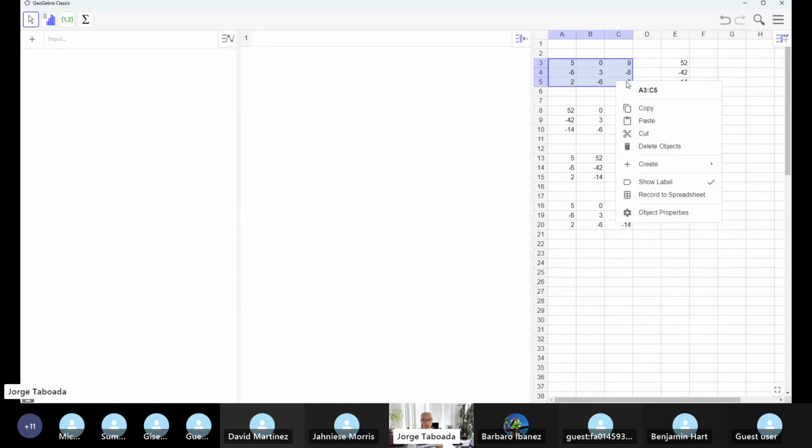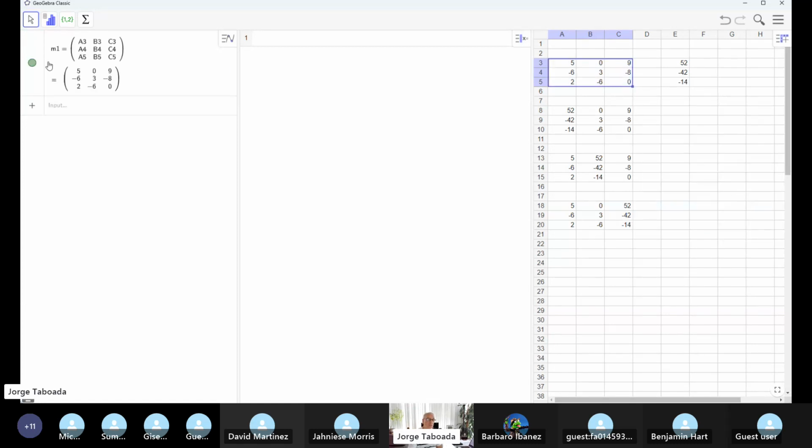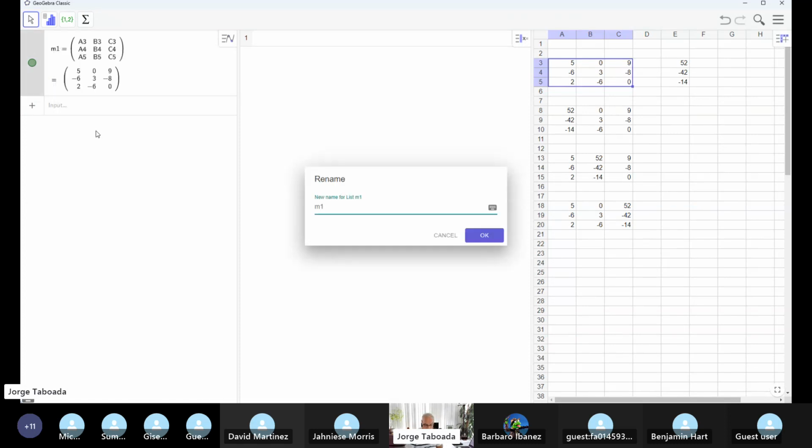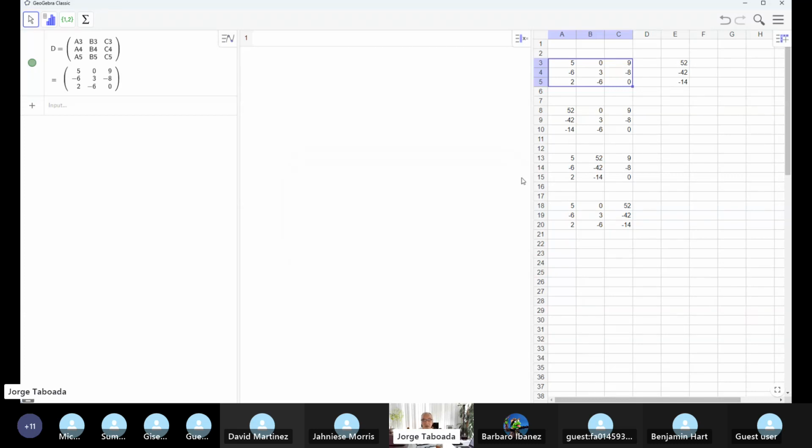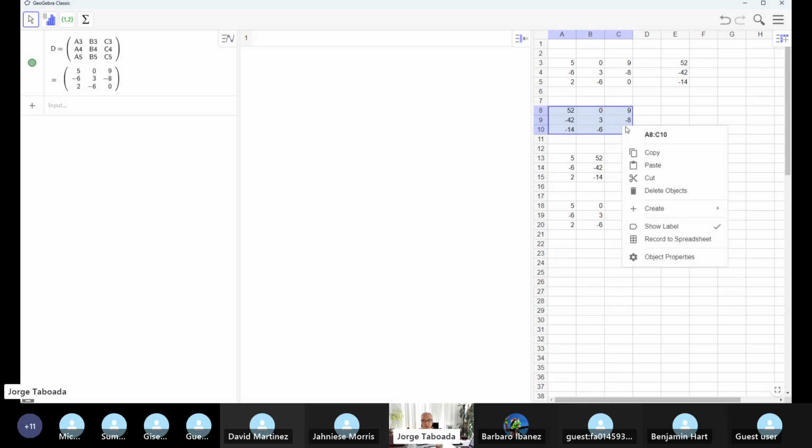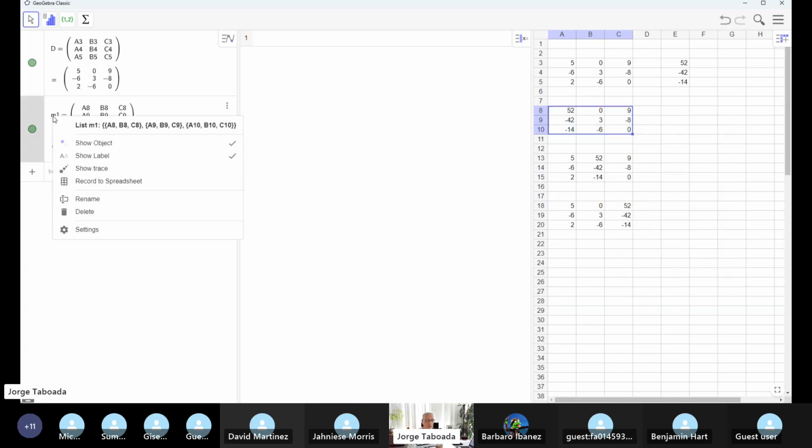You select the first, you create the matrix. If you want to rename, this is totally optional. I call it capital D. Let me finish the edition, and finally, when they have the matrix, I perform the computation of the variable. So now I select the second, create a matrix. Guys, it's obvious that you have to practice by yourself. You open your GeoGebra Classic.